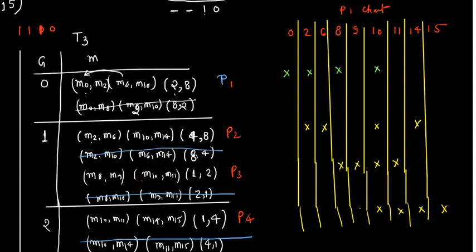So can you identify the essential prime implicant? Yes, P1, correct, since 0 can be covered only by P1. So it becomes essential. You cannot ignore P1. So P1 is an essential prime implicant.